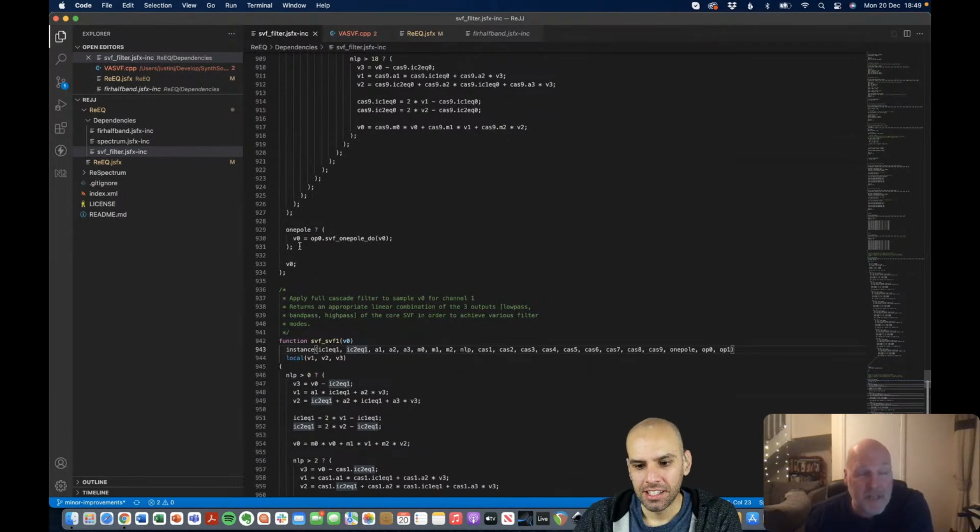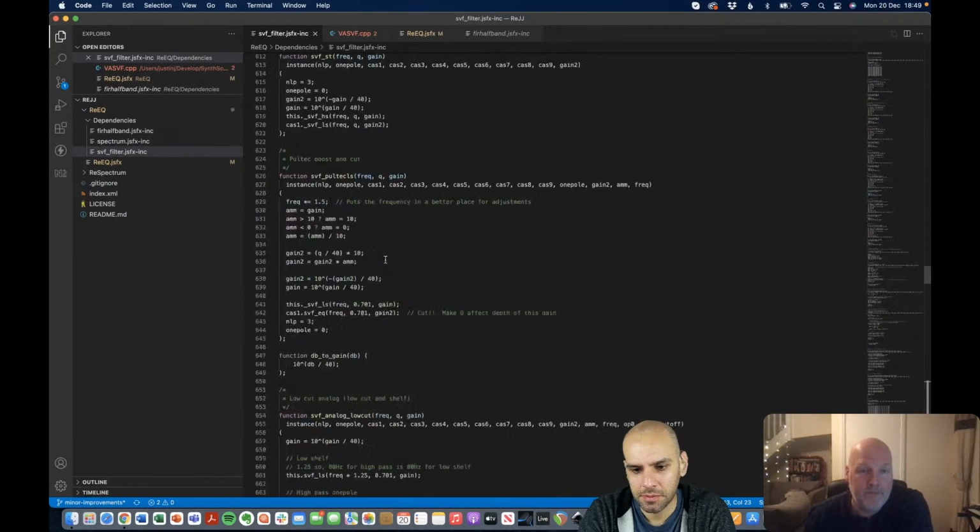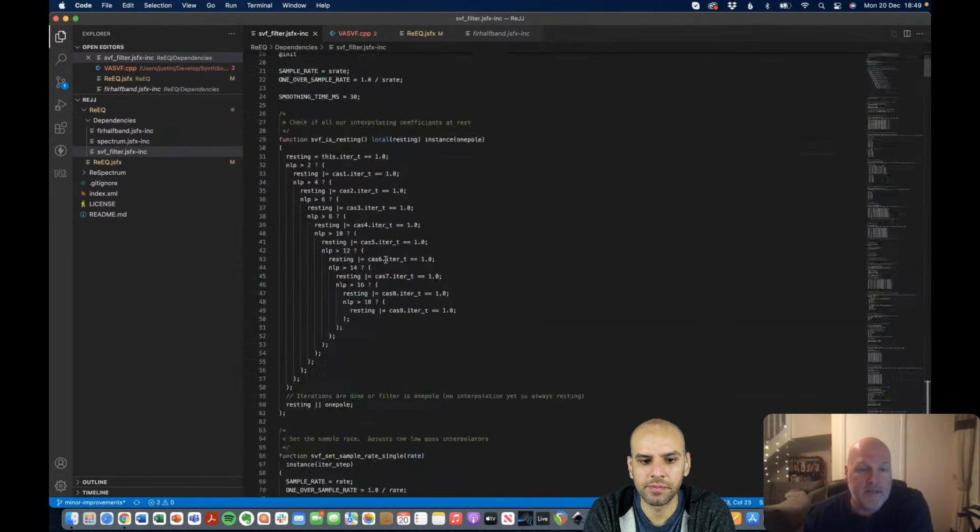I could guess IC, integrated circuit, maybe. Because it's using integration, trapezoidal integration. That's the method. Yeah, that's right. I think that's the method that Andy is using to go from the analog ideal circuit to the actual code. That's right. It is.